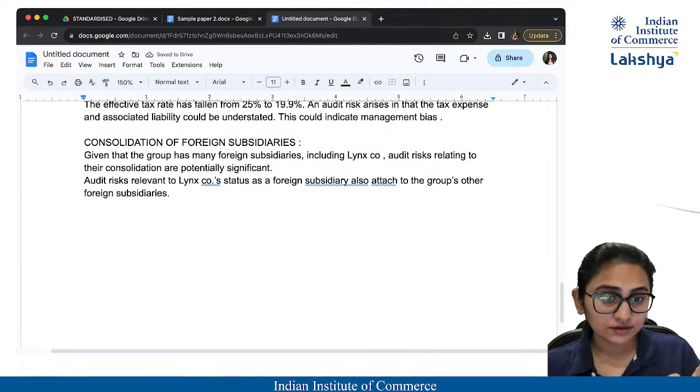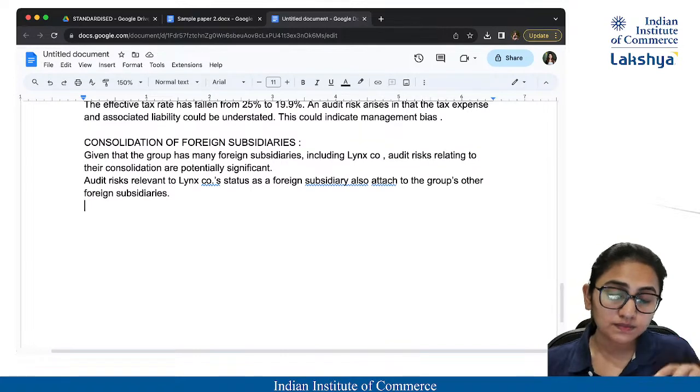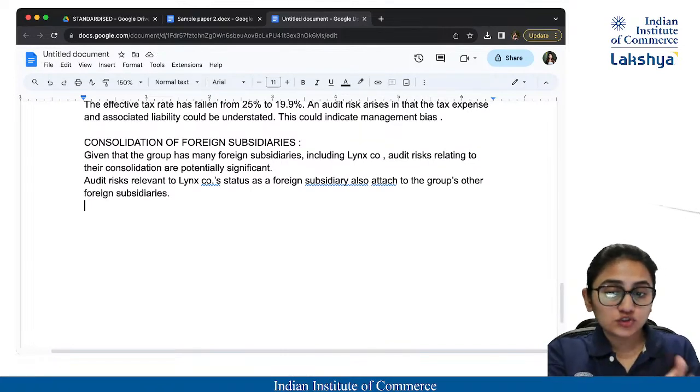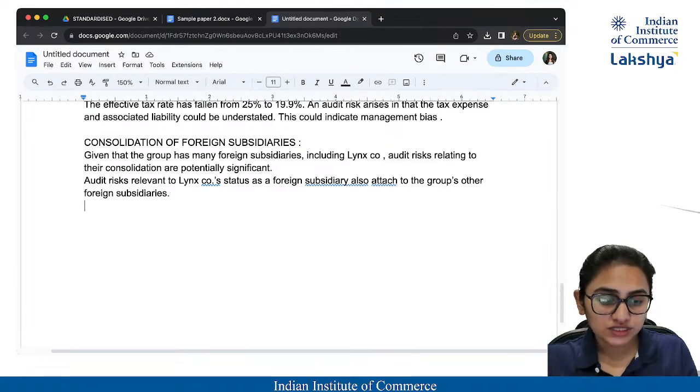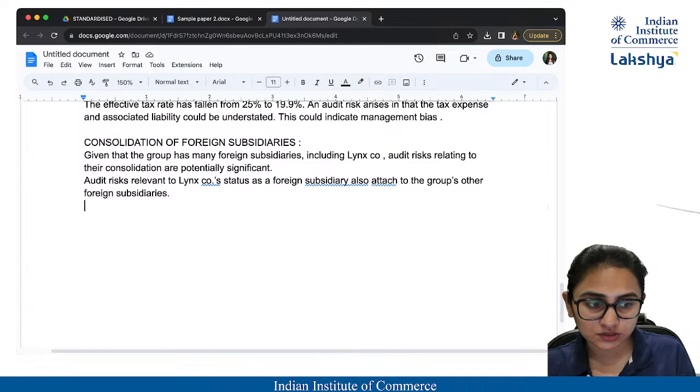Then at the year end, the subsidiaries' balances need to be retranslated using the closing rate. So that also needs to be done for foreign subsidiaries.